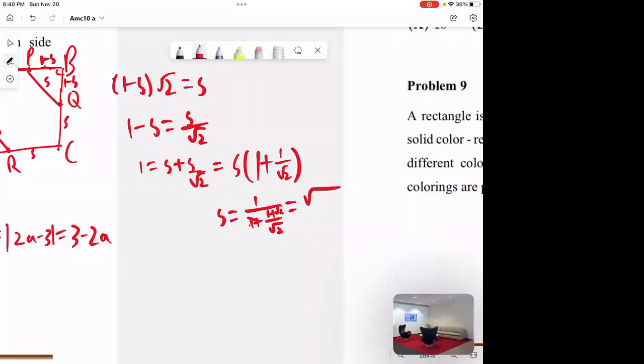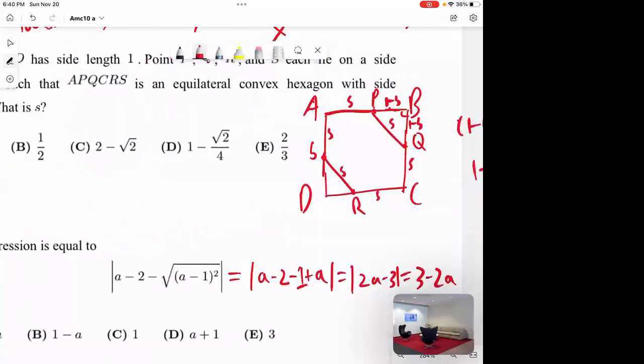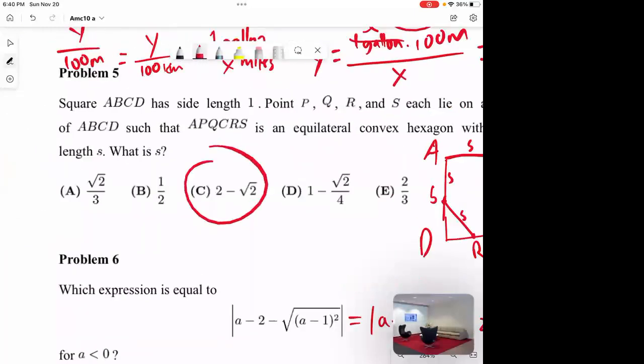So root 2 over 1 plus root 2, multiply the denominator and the numerator by the conjugate, which is root 2 minus 1. So that becomes 2 minus root 2 over 1. So that's just our answer, 2 minus root 2, right?